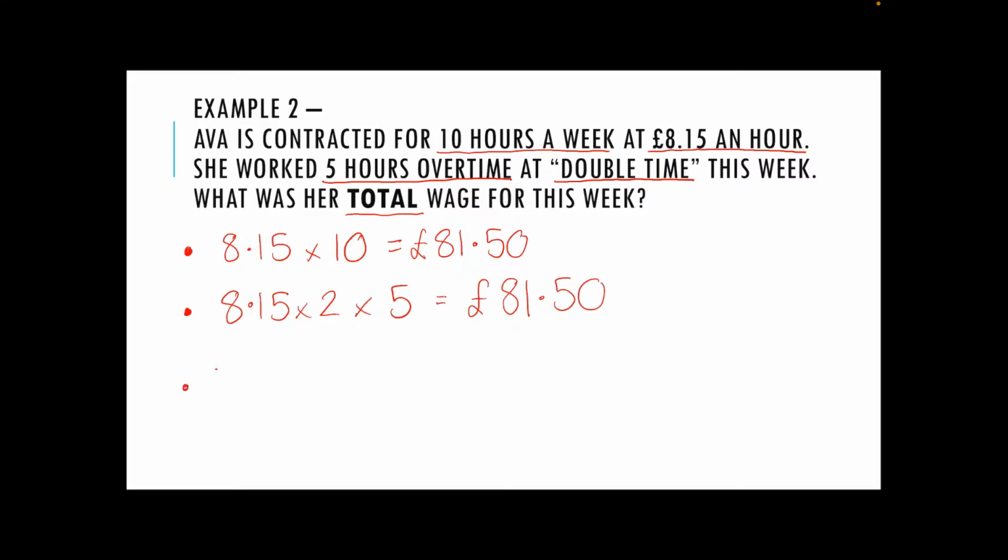So finally we need to work out the total, and that means that we are adding up the two amounts. So 81.50 plus 81.50. So that's going to give us £163 as her total wage for that week.